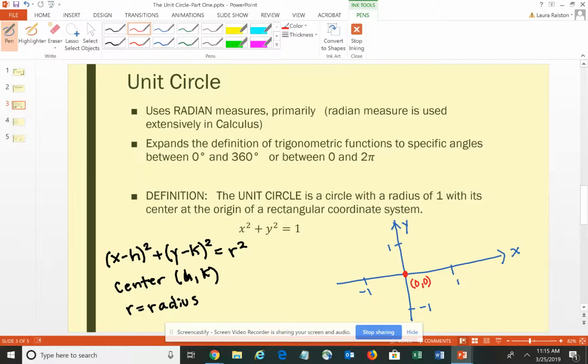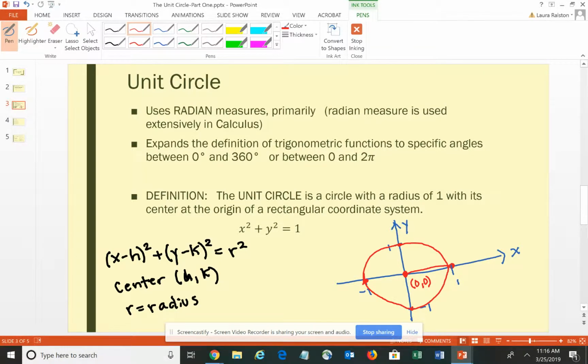So my h and k are 0, and then my radius goes from the center out to a value of 1 in every direction. Now, it's a little bit hard for me to draw that in every direction. So roughly, and again, this is a very rough sketch of a circle, this would be your circle.